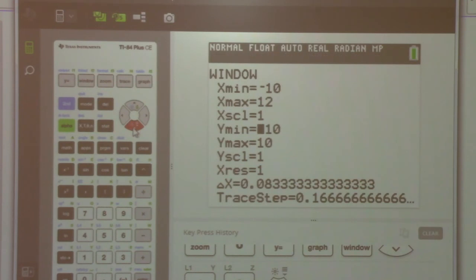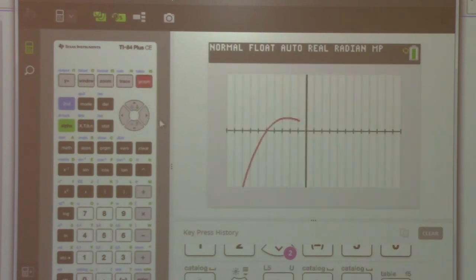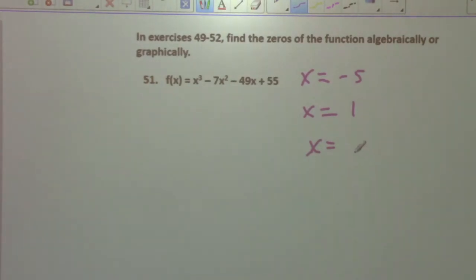I'm not sure exactly what's going to work for this. Yeah, so that works pretty well. Negative 5, 1, and 11. So these would be our zeros here. Okay.